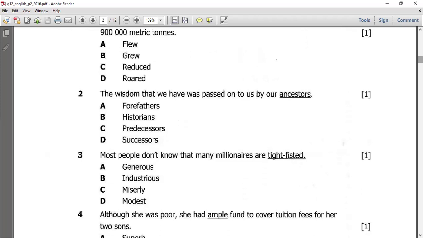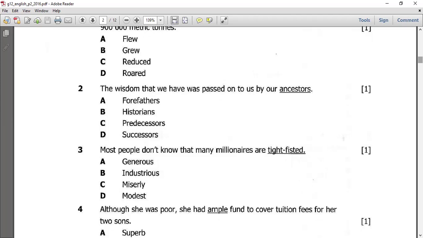Our forefathers are people who lived before us. Historians are people who study history. Predecessors, and successors, those who inherit things left by those predecessors, are those who reign after someone has moved out. So the correct answer there is forefathers.